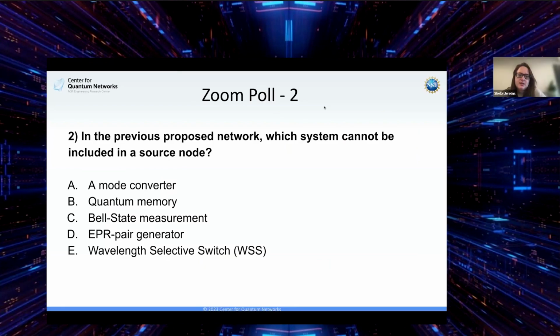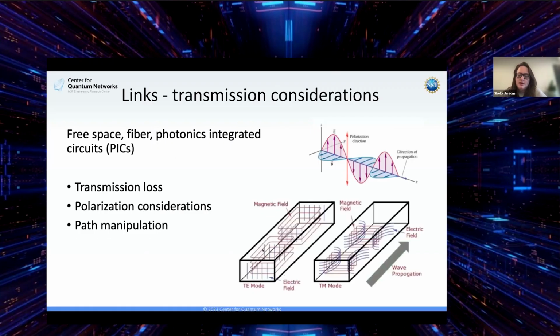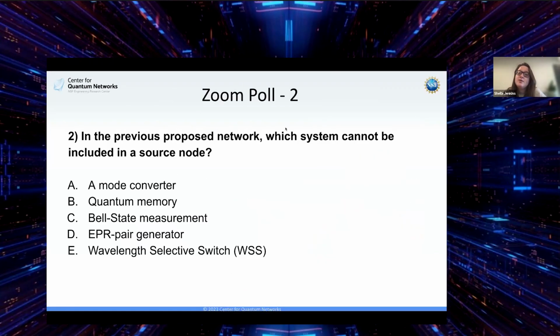All right, so this was a little bit of a trick question. Not really. The answer is that you can actually have all of these in the source node if you would like. The tricky part about having a mode converter in the source node is that you then have to have transmission links that can work in the visible, which is a little bit more difficult, but there are potential benefits of having that in there.